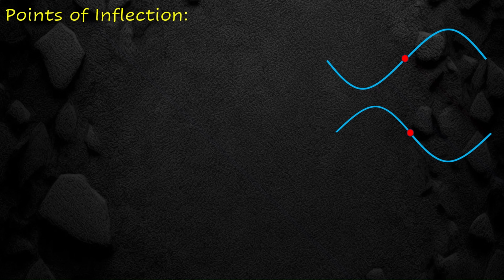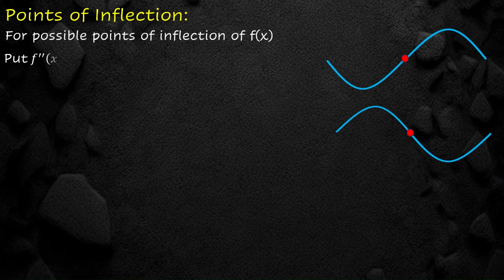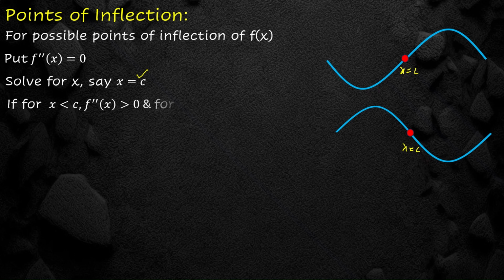So we devise a method to find the points of inflection of a curve of a single variable. For possible points of inflection of a function f of x, we shall put the second derivative equal to 0 and solve for x. Suppose we get the value x is equal to c. Now, if for x less than c, f double dash x is positive, and for x greater than c, f double dash x is negative.